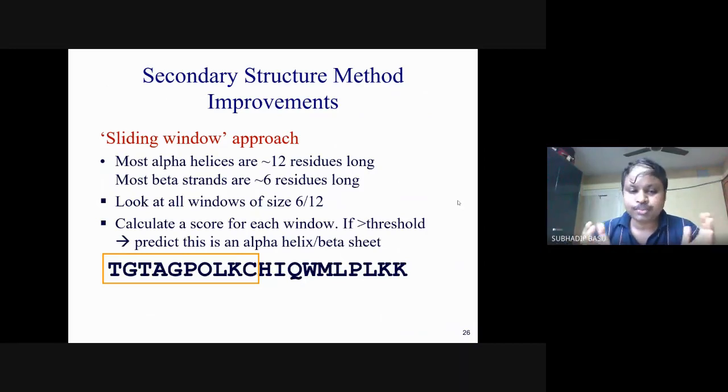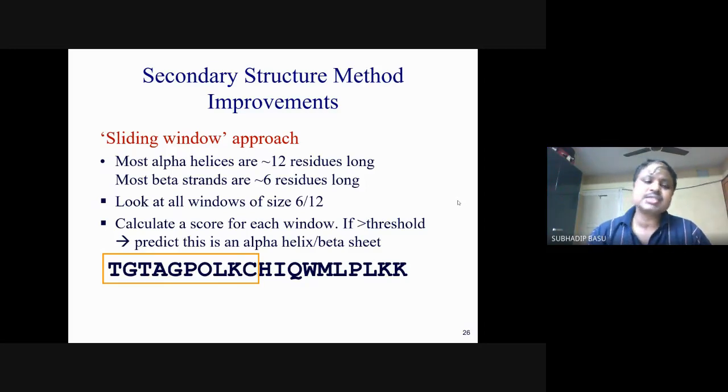sheet. So you are predicting not just a single amino acid to be helix or strand. Rather, you are actually predicting for the whole lot, or sometimes not even the whole lot. You are often predicting just for the central amino acid in the overall window.